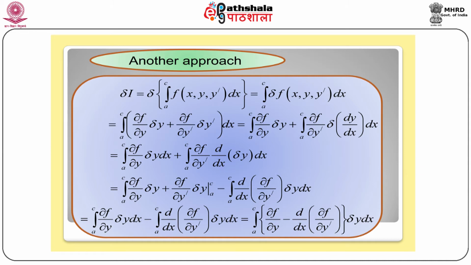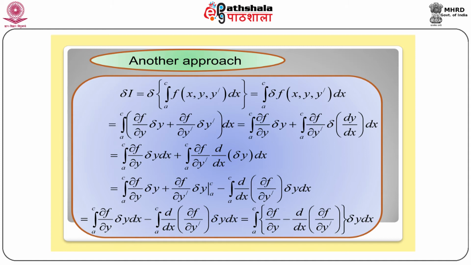Now, as f depends on y and y dash, therefore, delta I is equal to integration A to C first order partial derivative of f with respect to y into delta y plus first order partial derivative of f with respect to y dash into delta y dash into dx. We here keep the first term as it is and take the second term here.